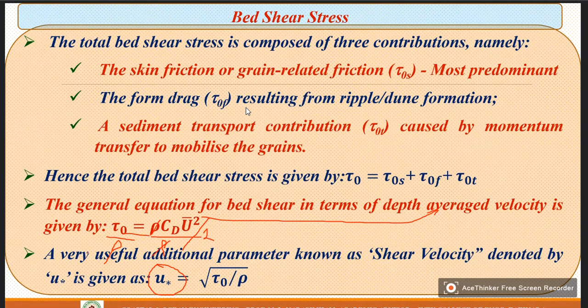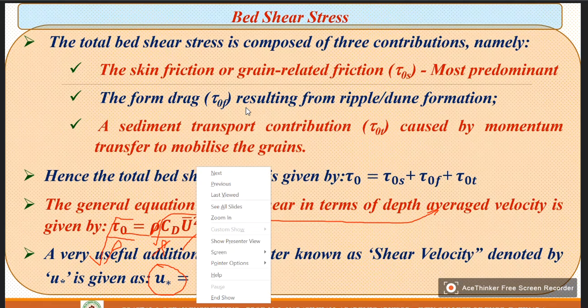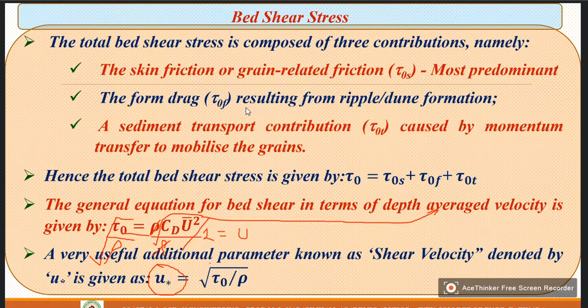If I take the square root, this will have dimensions of velocity because CD is dimensionless. So this is a velocity term. So this is called the shear velocity.